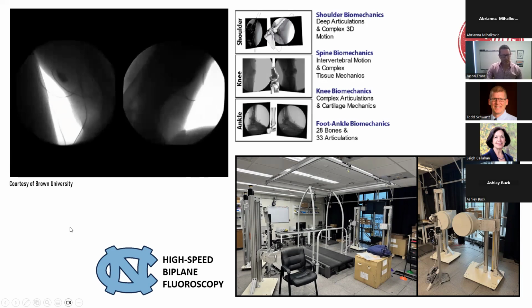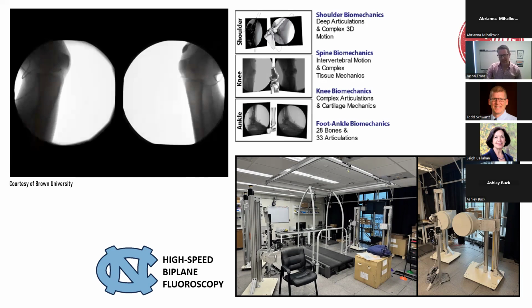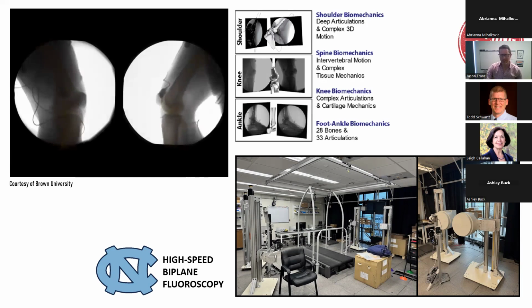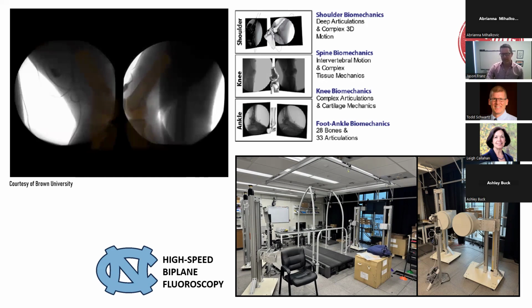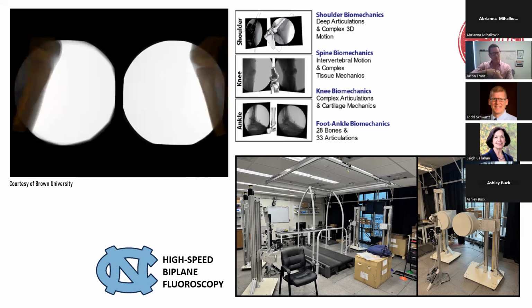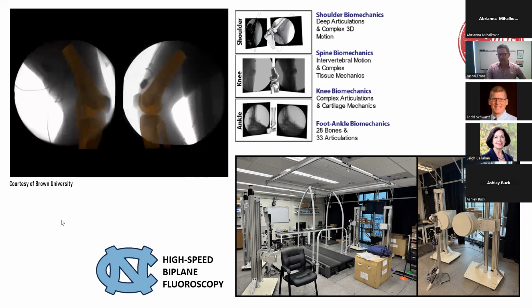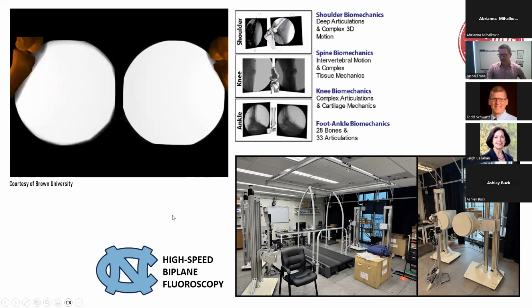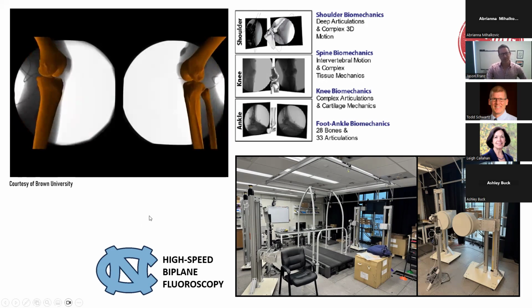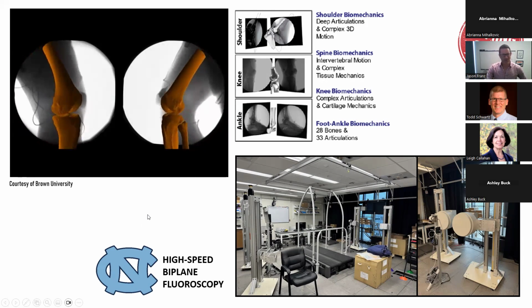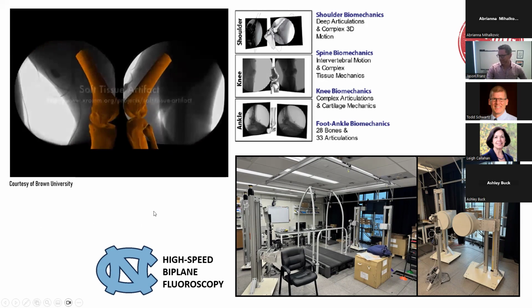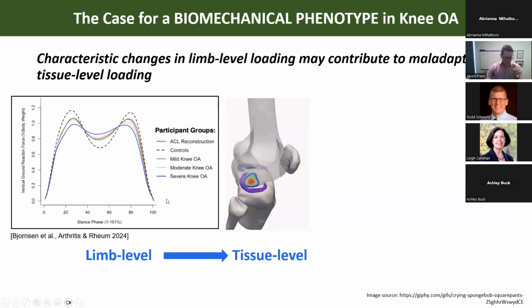Maybe now we'll be able to ask questions like, why are those associations there? Why does more dynamic loading early and late stance? How does that correlate with actual articulation kinematics within the knee joint? And so very soon at a lab near you, we'll be able to start reconstructing some of these things.